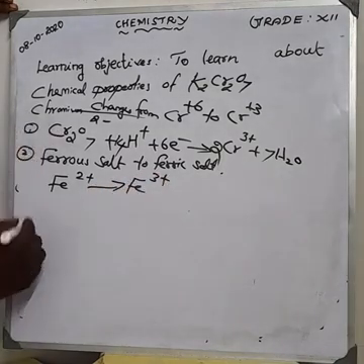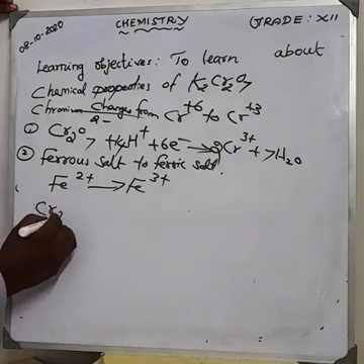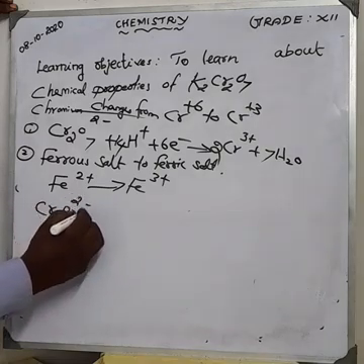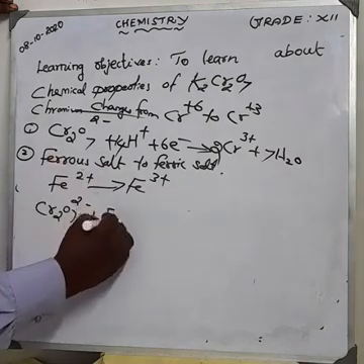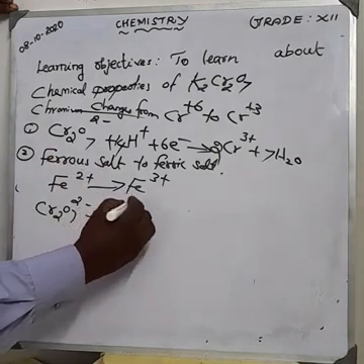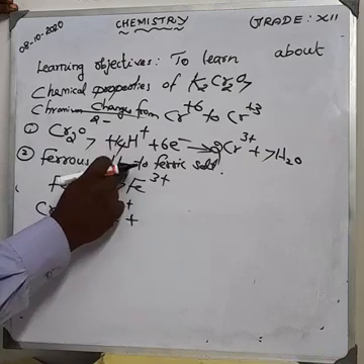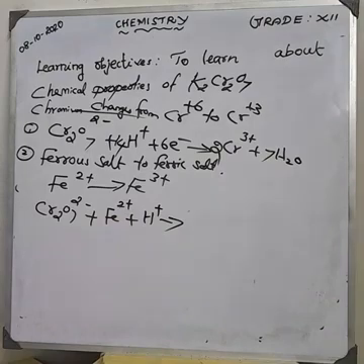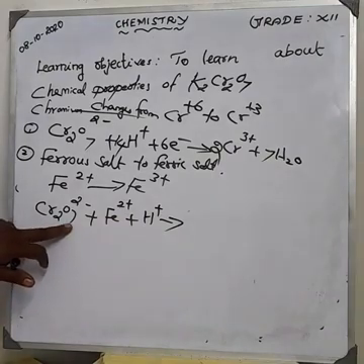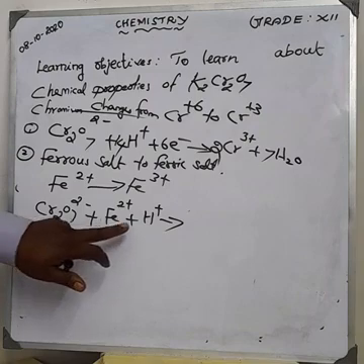We are taking the dichromate ion, Cr2O7 2 minus, and also adding Fe2 plus in the presence of H plus ions.